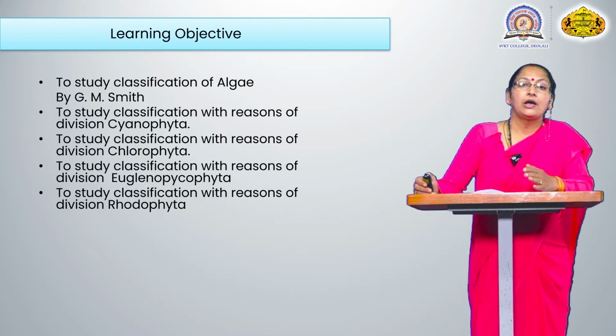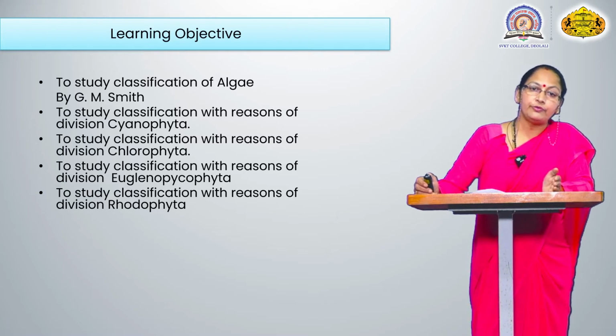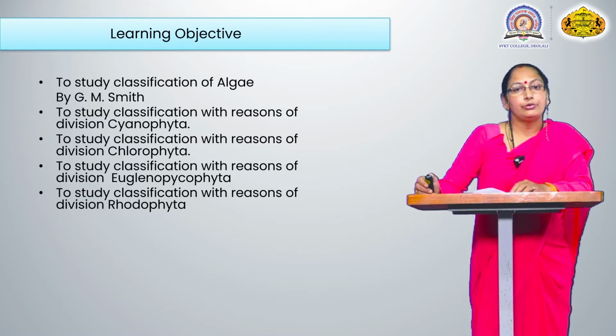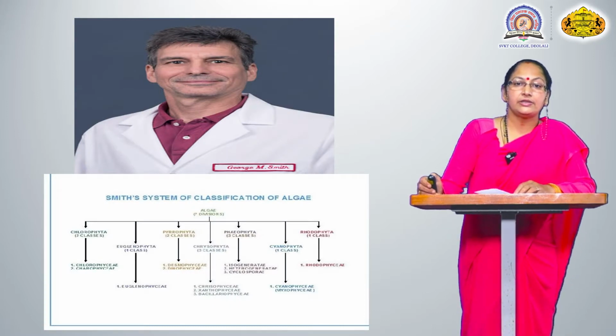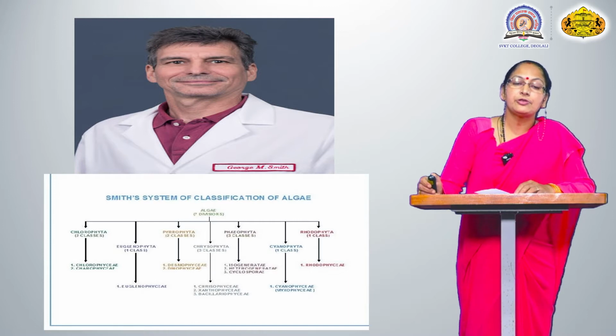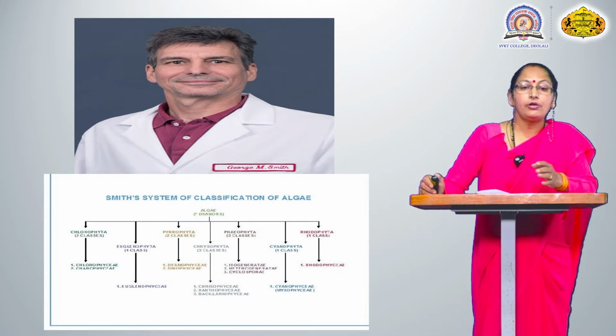These are the four divisions or classes of algae. In today's class, first Chlorophyta, then Cyanophyta, then Euglenophyta, and last Rhodophyta, one by one, as divided by G.M. Smith in 1955.